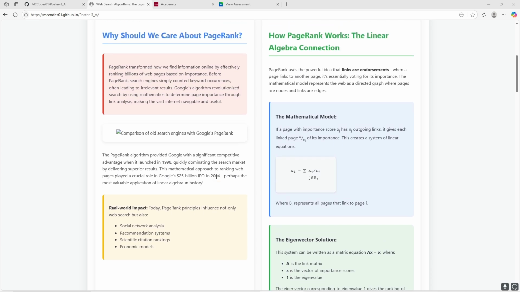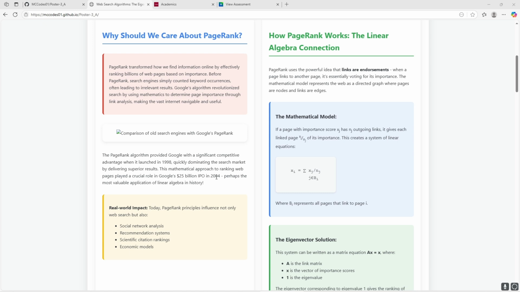Right? So PageRank works essentially, it's really just an eigenvector problem. The web is modeled as a directed graph where pages are nodes, right? And links are edges. If a page has an importance score of x, and it links to three other pages, each receives a third of that importance, right?